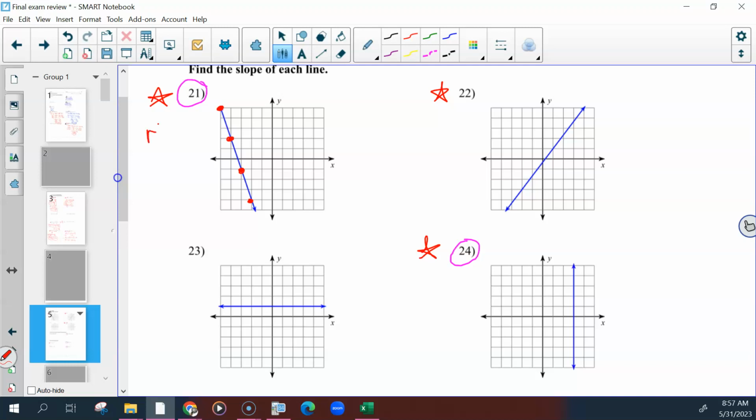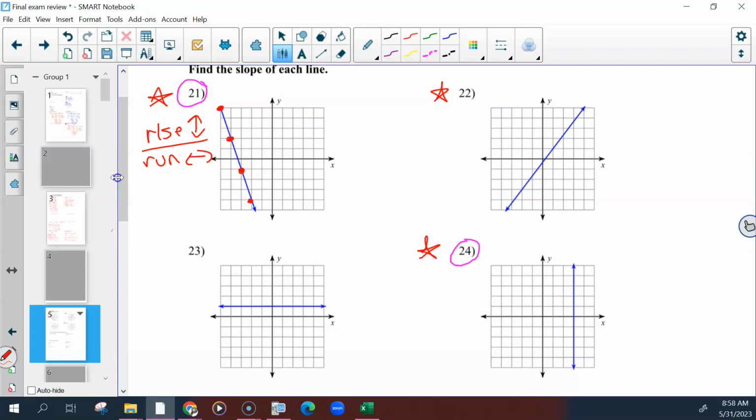Rise over run. So go up or down before you go left or right. If we go up or down and then left or right, how many units does it take to get from one point to the next? 3 up, and 1 to the right.